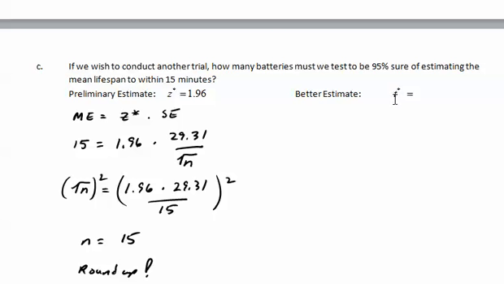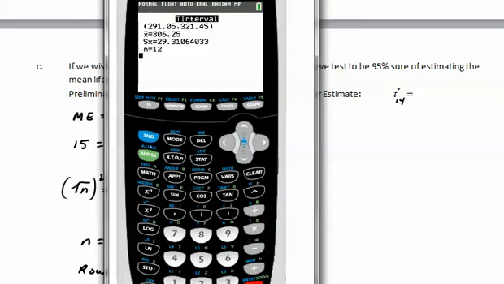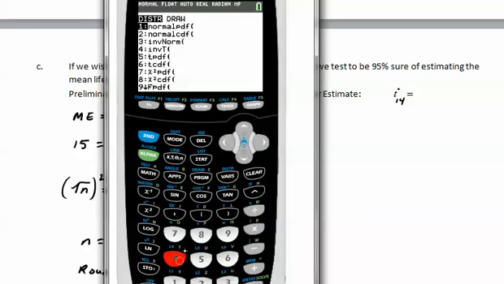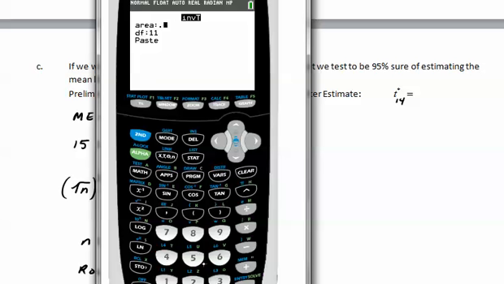Now what I can do is repeat this process but using the correct distribution, which is a t model. If my n is 15, I'll have a degrees of freedom of 14. So let's use inverse t. Second distribution, go to inverse t. Since I want a 95% interval, I want the top value to be 0.975.